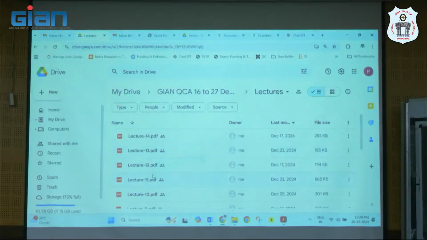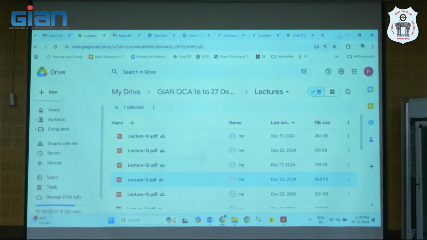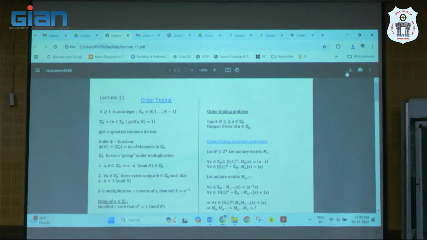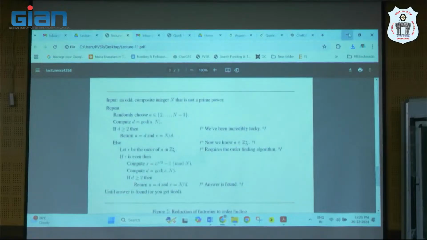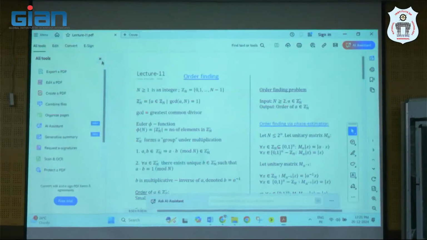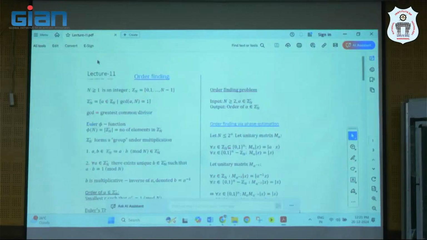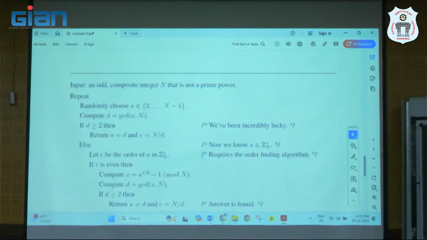No, 11. This one, yes. We can look at the PDF. Yes, okay. All right, yes.